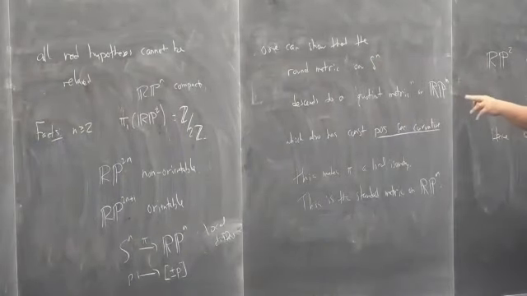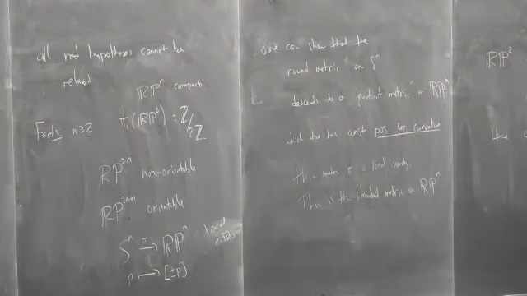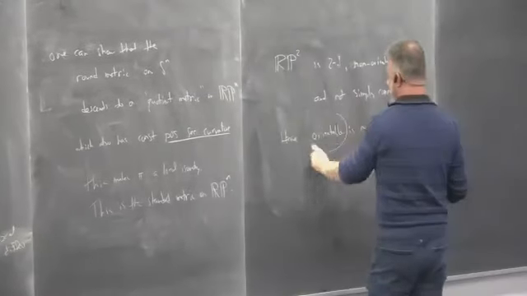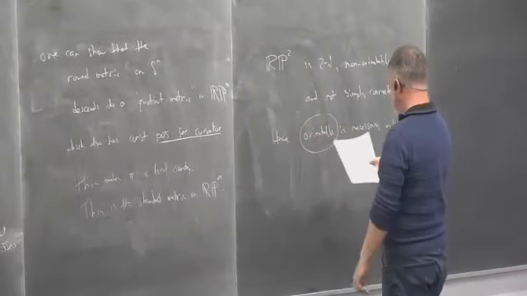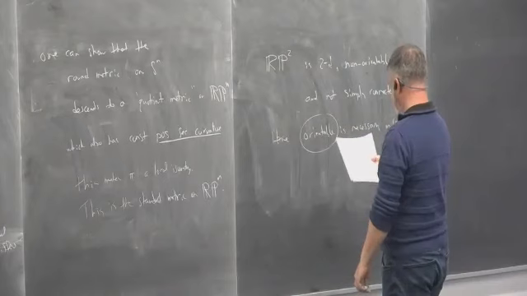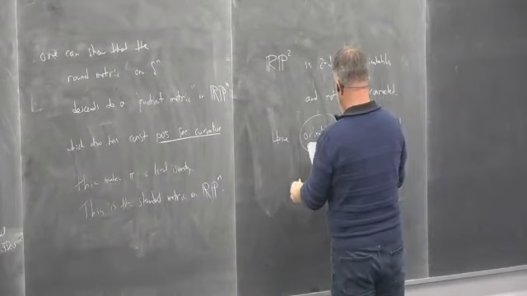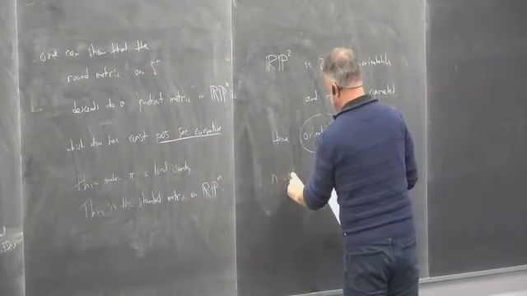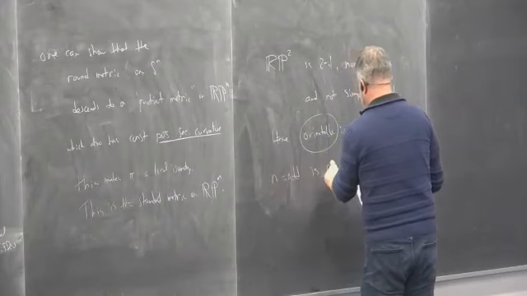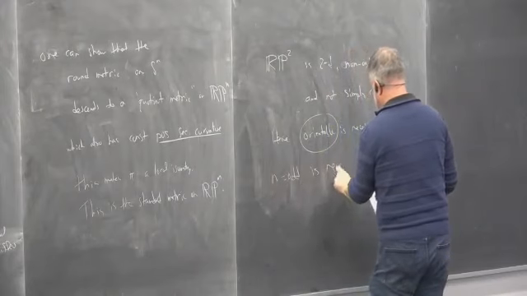RP2 is in the even dimensional case, but it's not orientable. And the conclusion doesn't hold, right? So we needed orientability in part A. And n odd is necessary in B with the same example.